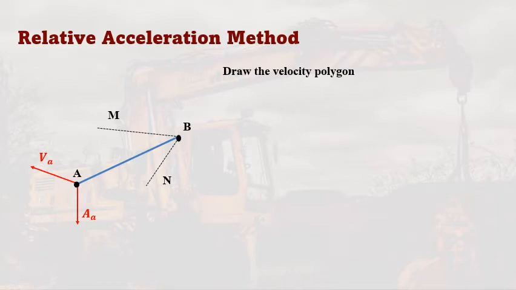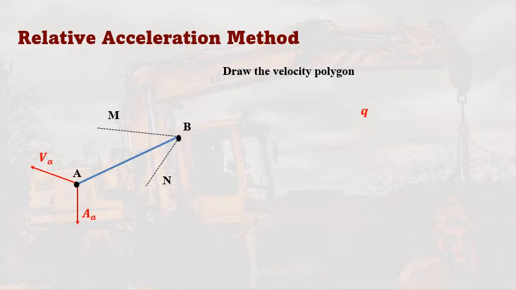So we draw the velocity polygon first because it will help us to get the relative velocity. Take note that in the previous formula, we need to get the relative velocity of B with respect to A. That's why we can use the relative velocity polygon method in order to draw the velocity polygon.